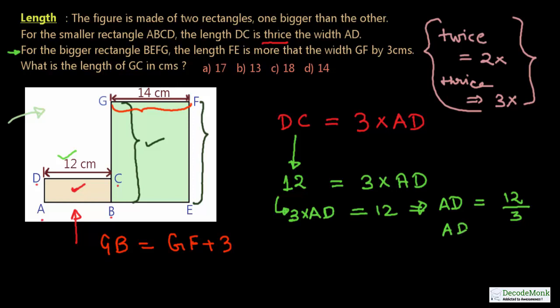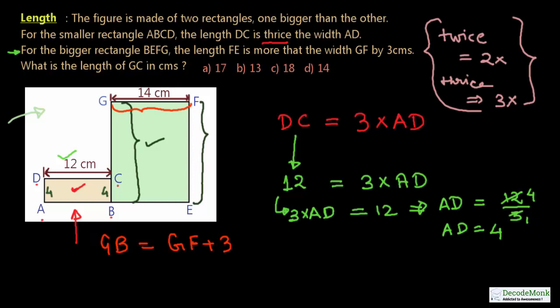So AD is equal to 4 centimeters. You can see that 12 divided by 3 is 4, since 3 fours are 12. So if this AD is 4 centimeters, then obviously BC, which is also equal to AD, is equal to 4 centimeters.